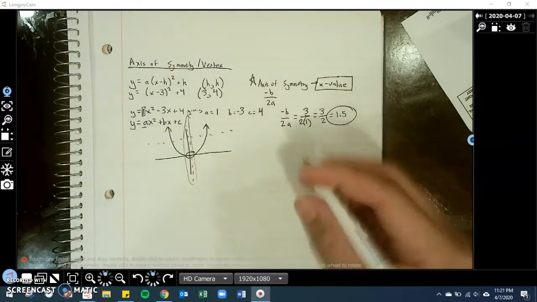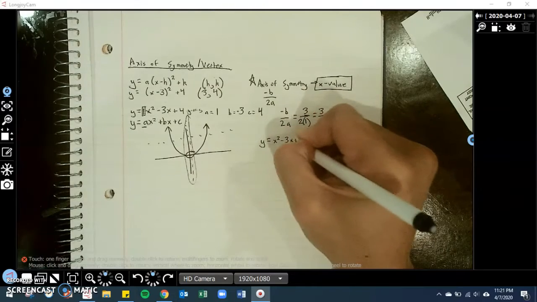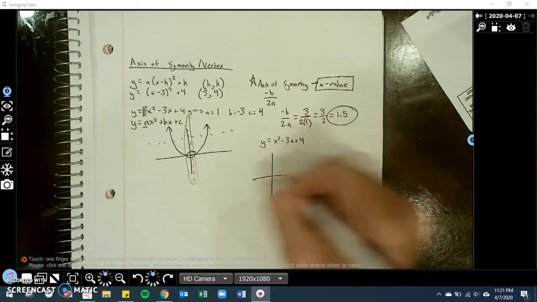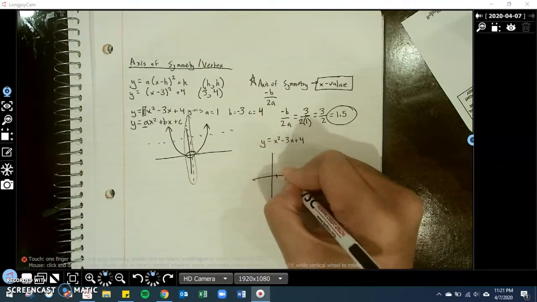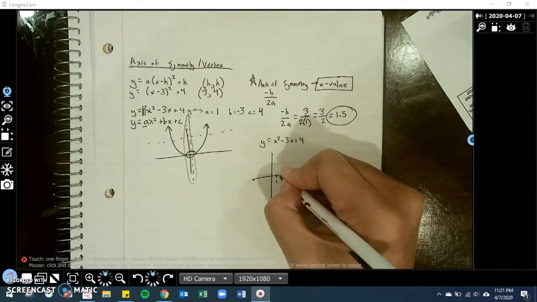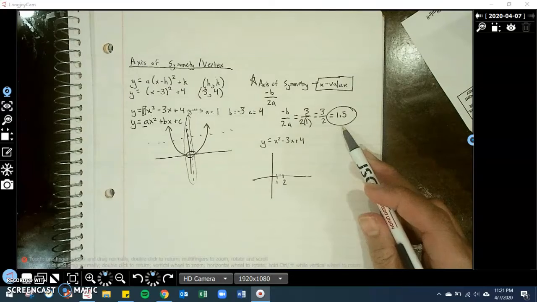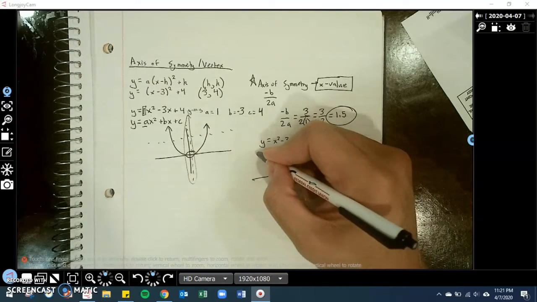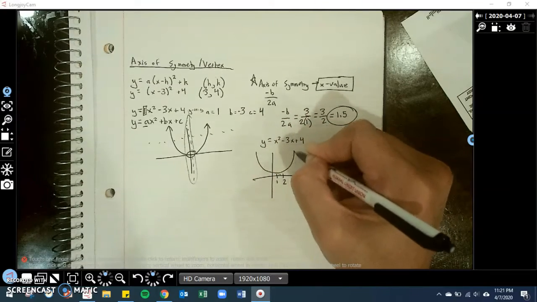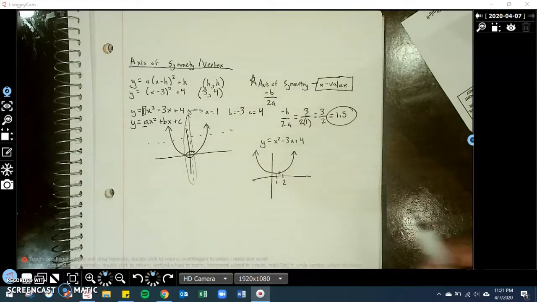So if I drew y equals x squared minus 3x plus 4, I have already figured out that my vertex has an x coordinate of 1.5. Okay? So if I were to draw a parabola, it would look something like this. Okay? With my vertex being at 1.5 x value.